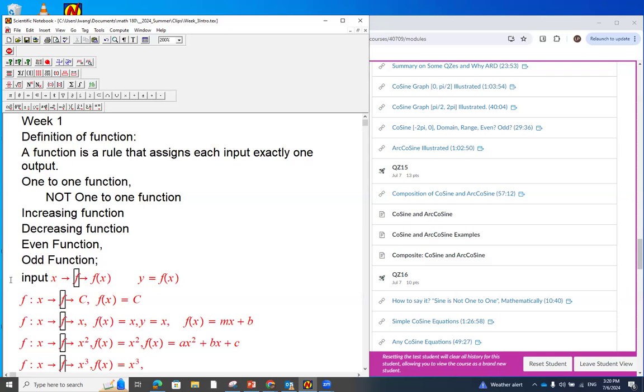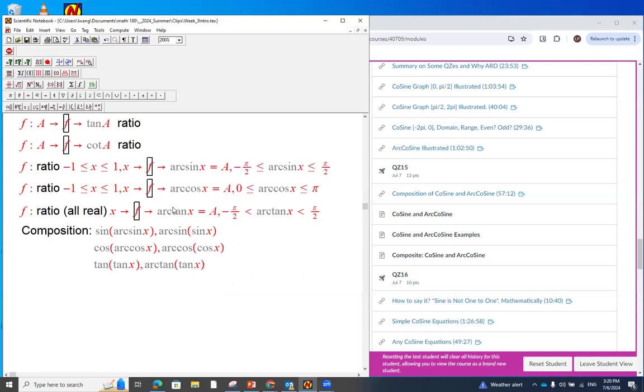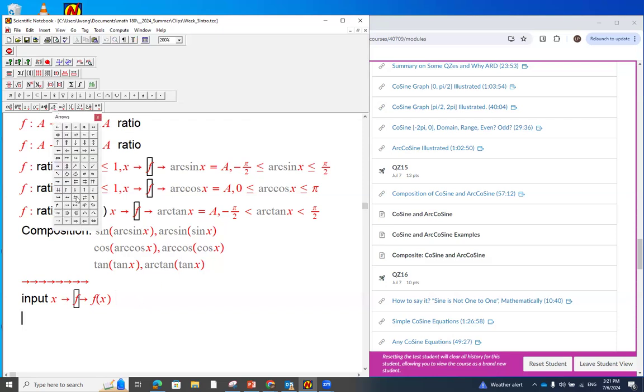All of these are functions, so the type of question we're dealing with either goes from input to output, or some other time it goes from output to input.